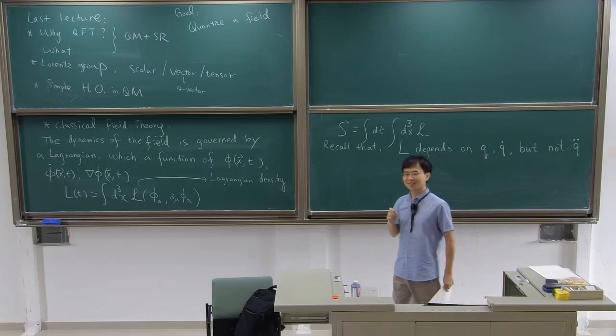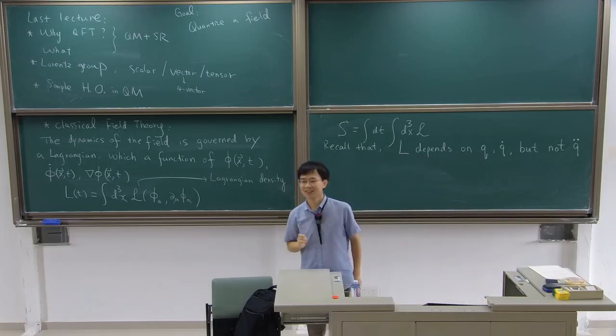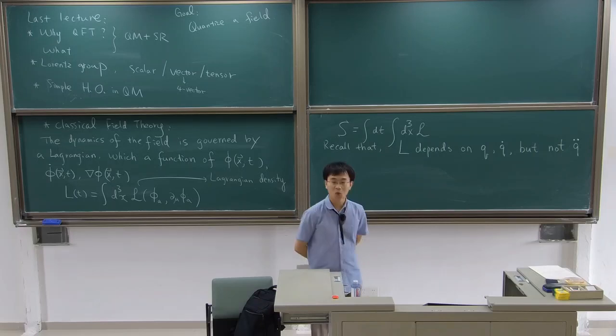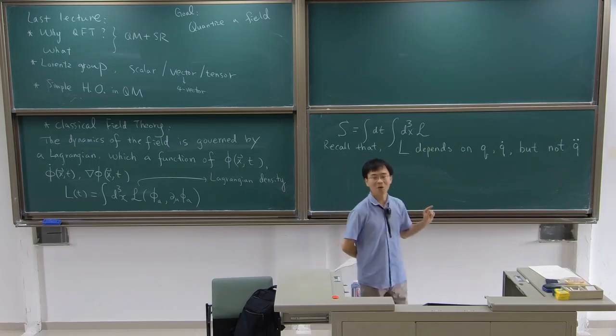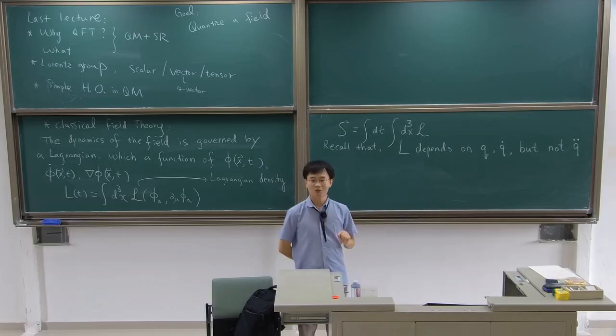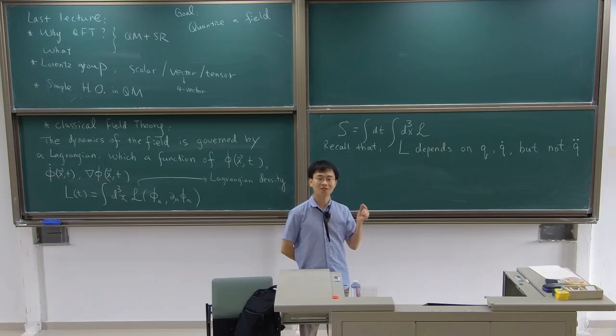Because in classical mechanics, for the state of an object or degrees of freedom, we want to solve the state, okay? For a classical object, we only need to know the initial condition specifying the position and the velocity in order to solve it. Is that clear?